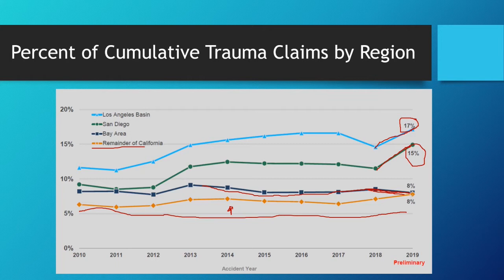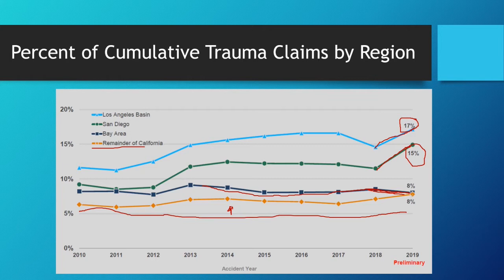And if you're a qualified medical evaluator in the Los Angeles Basin or in San Diego County, you need to be very, very familiar with the handling of cumulative trauma injury claims, because you're going to be seeing a glut of them.